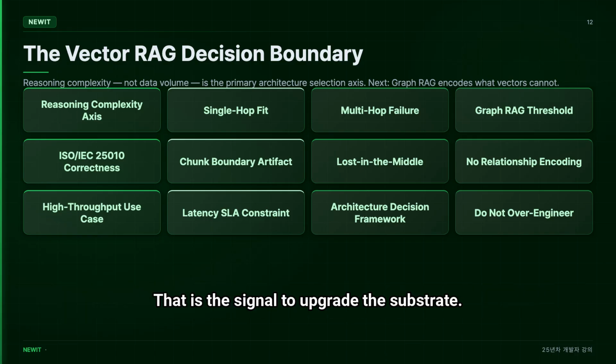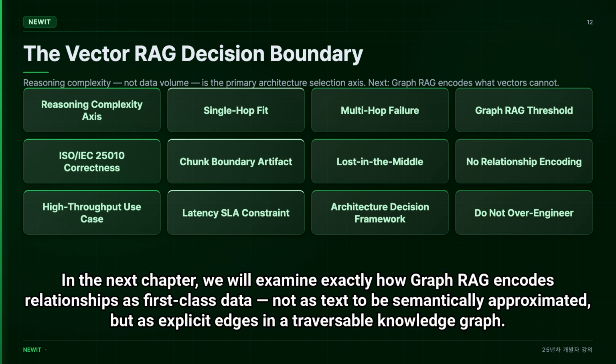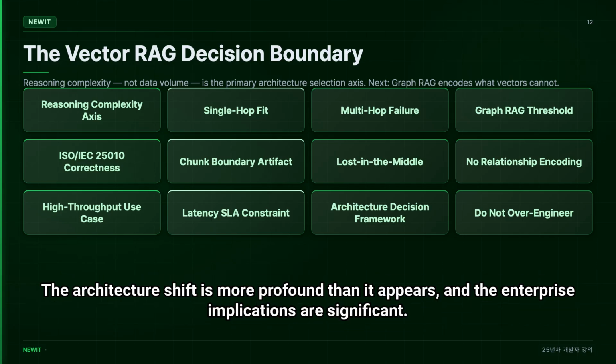That is the signal to upgrade the substrate. In the next chapter, we will examine exactly how GraphRAG encodes relationships as first-class data, not as text to be semantically approximated, but as explicit edges in a traversable knowledge graph. The architecture shift is more profound than it appears, and the enterprise implications are significant.